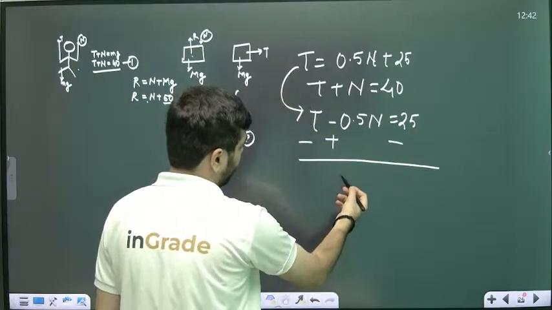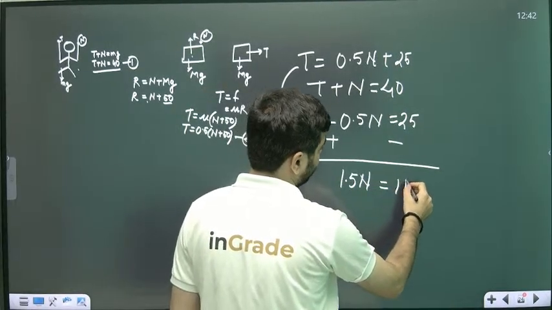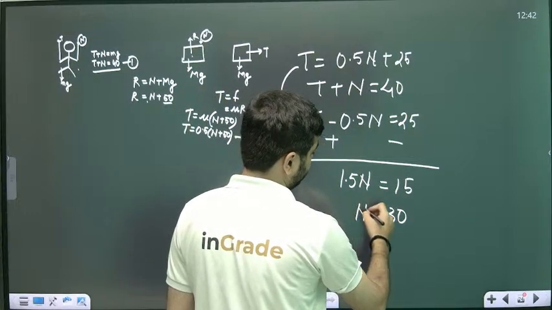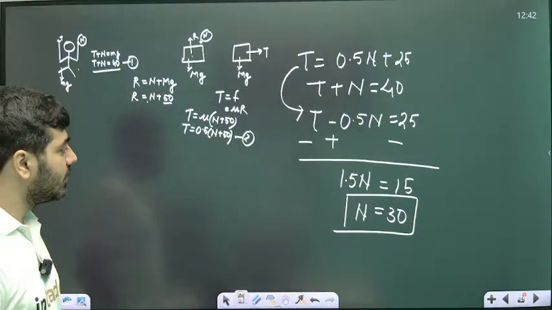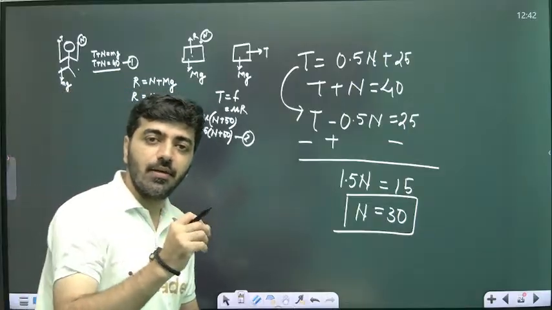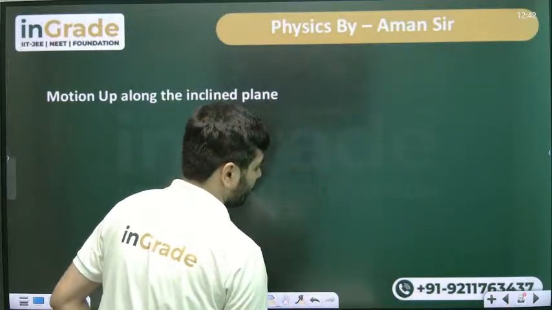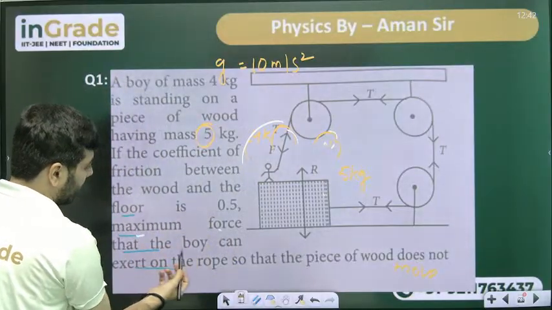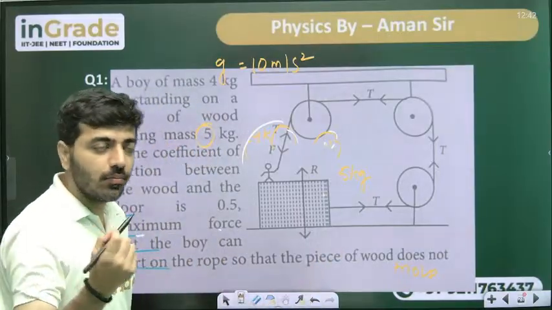We will get 1.5 N equals 15, 1.5 n equals 15, so N will be 30 Newton. That will be the force applied by the boy on the wooden block, the maximum force the boy can exert on the rope so that the piece of wood does not move.